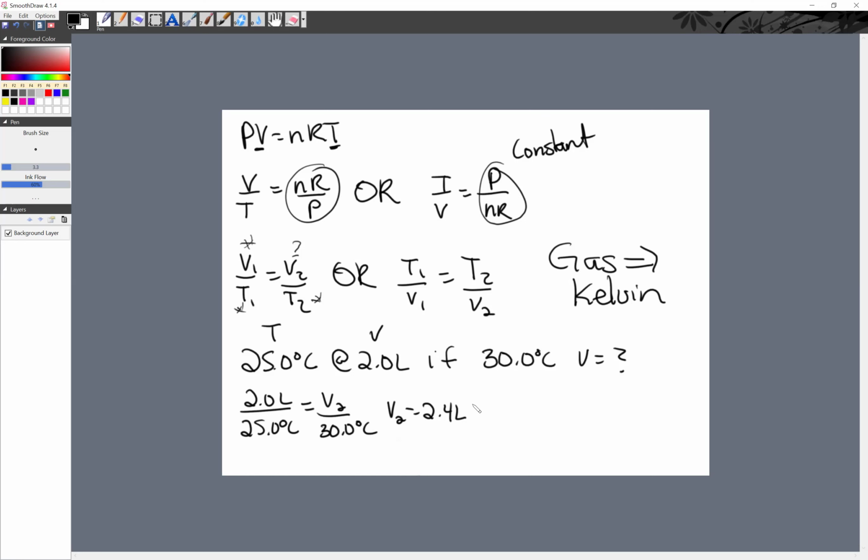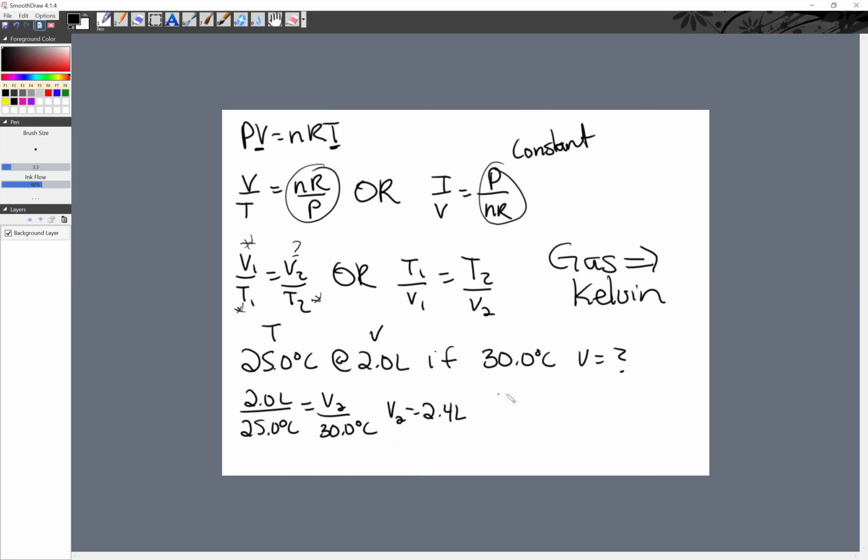If I increase the temperature, the volume should have done what? V and T are on opposite sides, so if you increase one, you have to increase the other. Oh, yeah. So 2 to 2.4. That makes sense. That's if I do not put it in Kelvin.